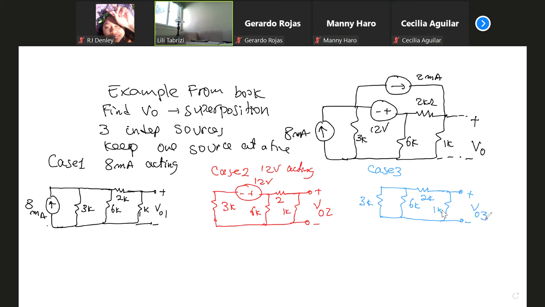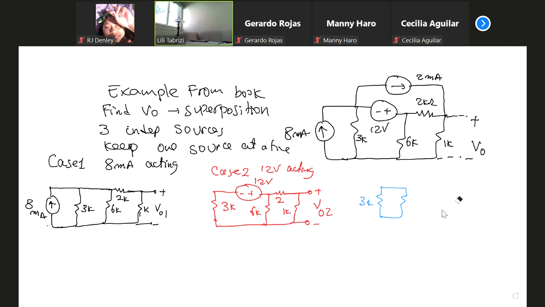So this is the voltage source and the current source acting. This is the current source, 2 milliamp. Oh, sorry. My drawing is wrong. Okay, this is the correct one. Sorry, let me redraw this part.